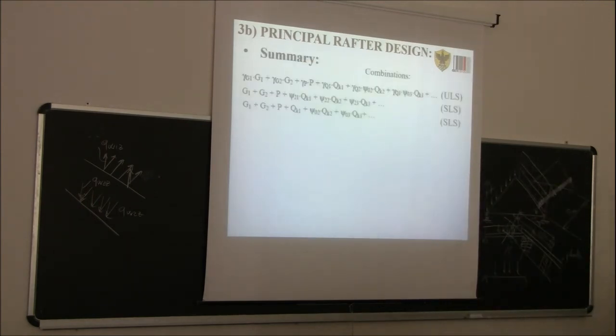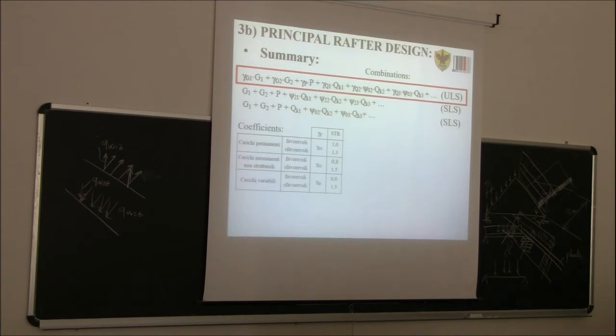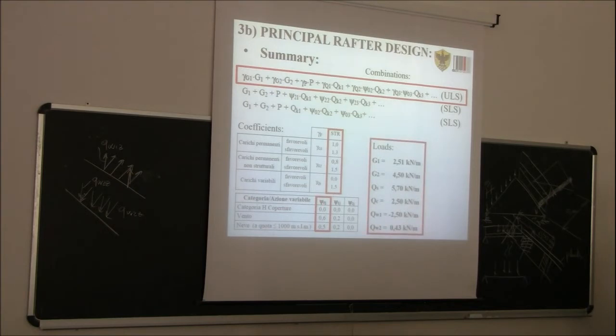And now we need again to go to the load combinations. So ultimately we have to remember the coefficients gamma G1, gamma G2 and gamma Q, the coefficient psi 0 here. Those are the loads, and those are the k-mod. We need to do exactly like yesterday.